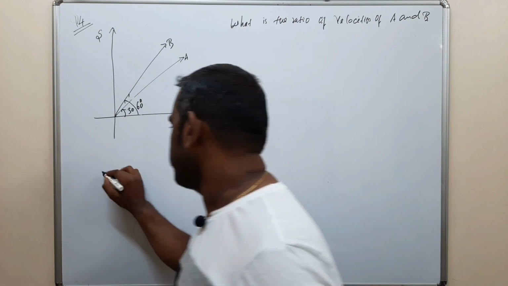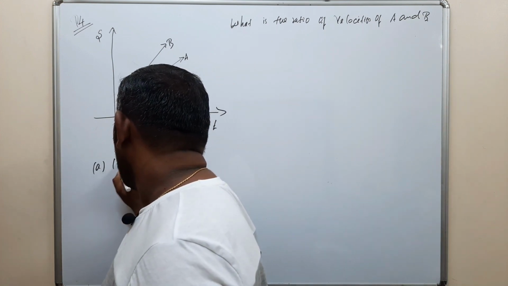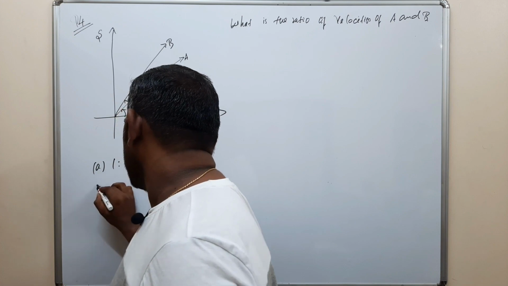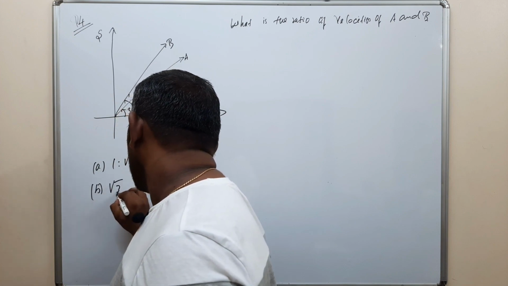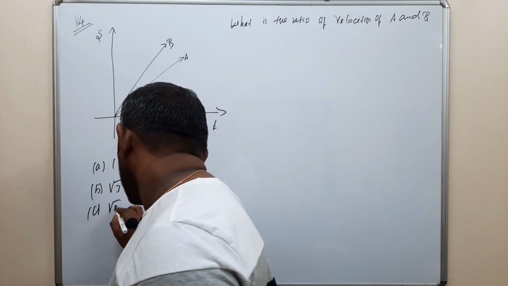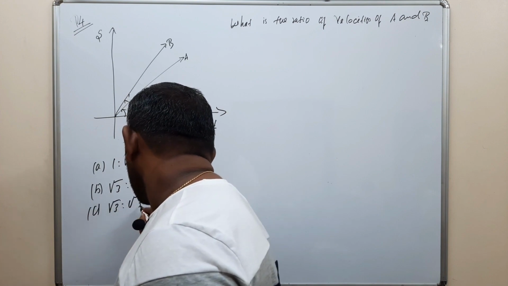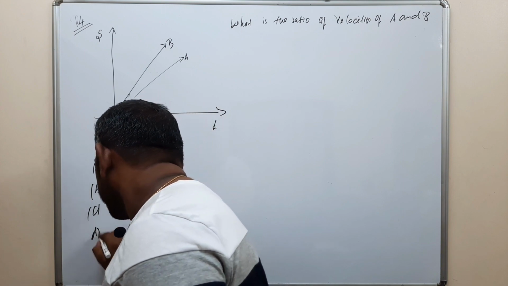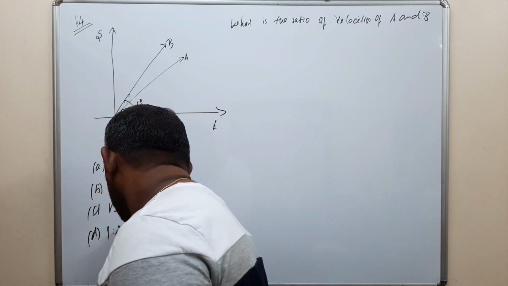Option A, 1 is to root 3. Option B, root 3 is to 2. Option C, root 3 is to root 2. Option D, 1 is to 3.